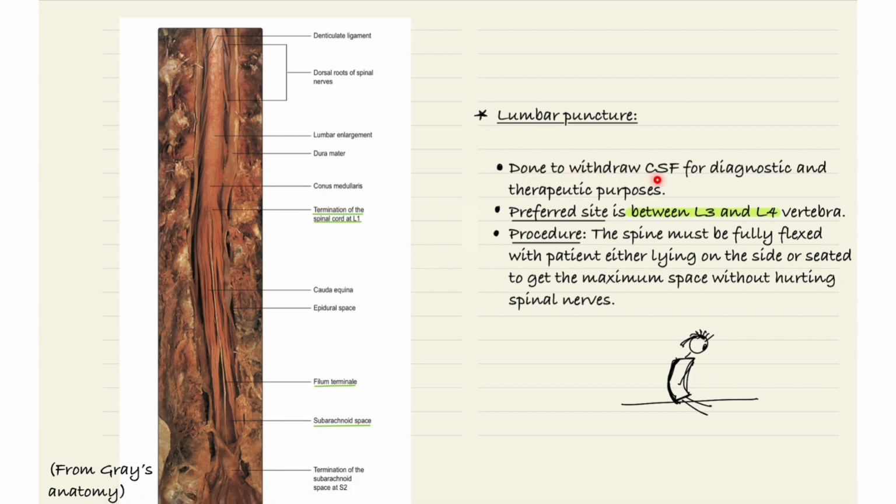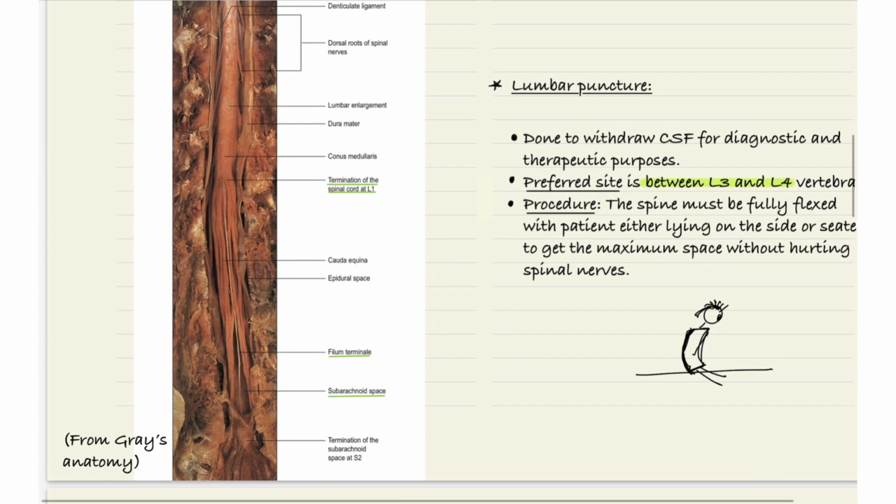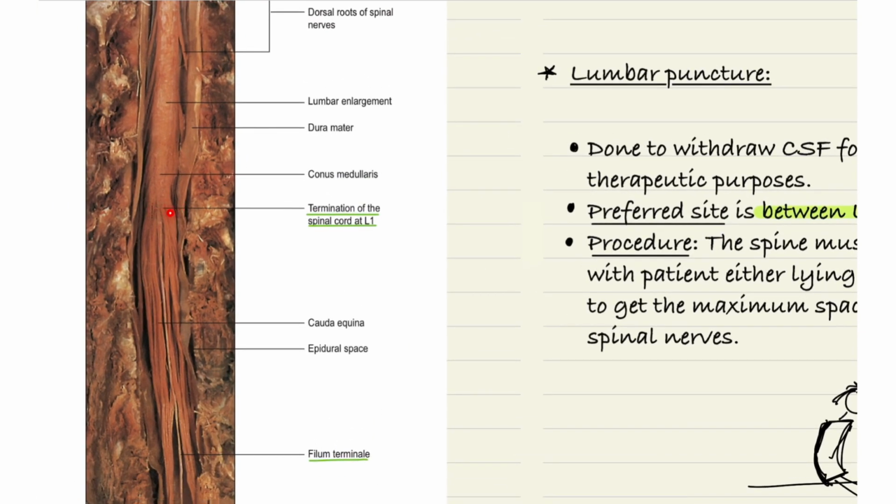It is done to withdraw CSF for diagnostic and therapeutic purposes. The preferred site for lumbar puncture is between the L3 and L4 vertebra. This is because at the lower border of the L1 vertebra, the spinal cord terminates. So we do lumbar puncture below this level so that we do not hurt the spinal cord.